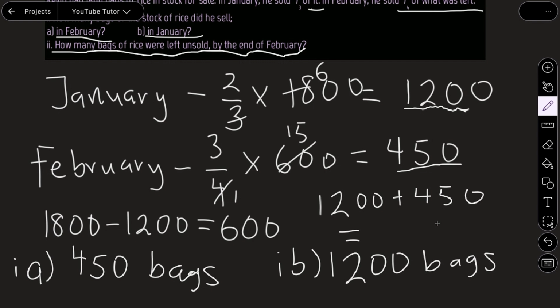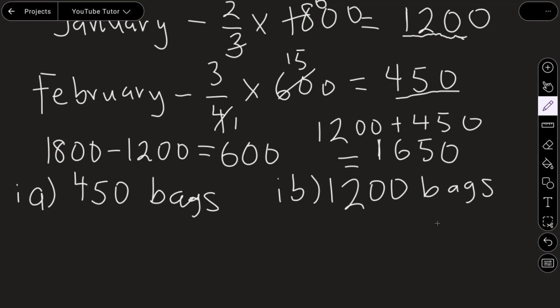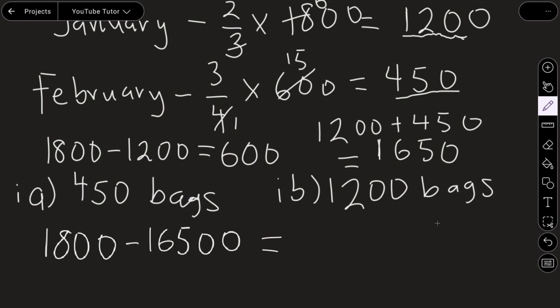So let's check. You can also cross check with your calculator to confirm if what I'm doing is the right thing. So we get 1650. Now what you are going to do is subtract this 1650 from the main number, which is 1800.